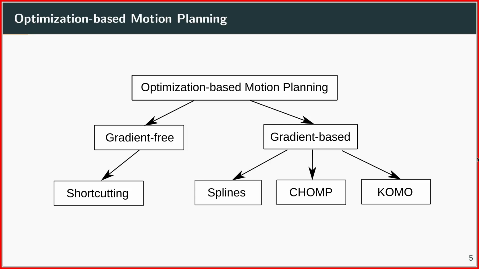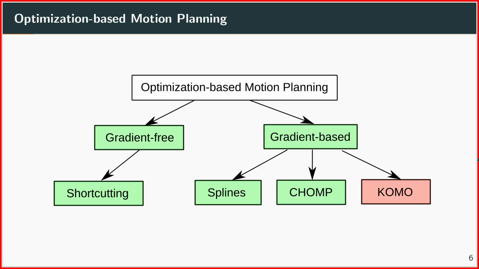One method which we already saw and which we will also discuss a little bit is shortcutting, where you just improve your path locally by shortcutting segments. Gradient-based is something where you have a cost function which you can also derive. You can take the first or second derivative and use that as information to locally improve your path, and we will look at different methods, especially splines and also jump.